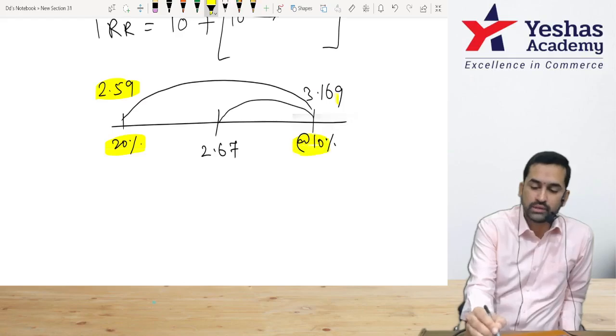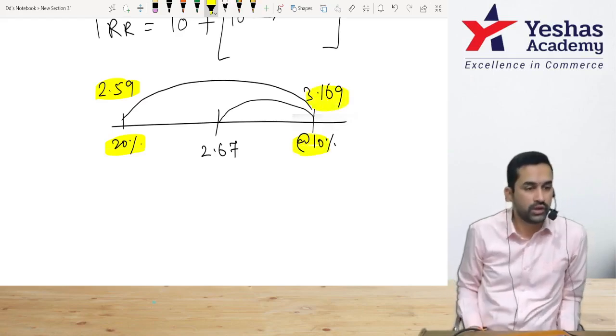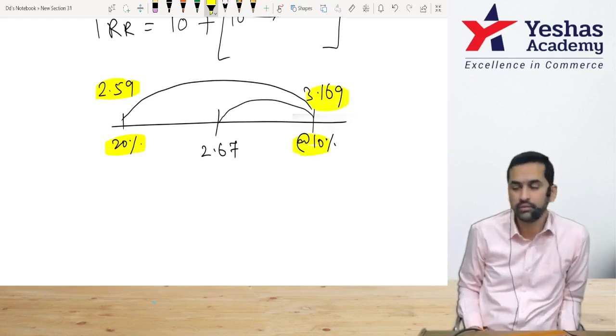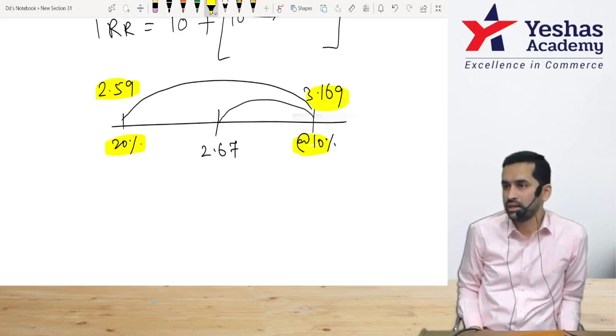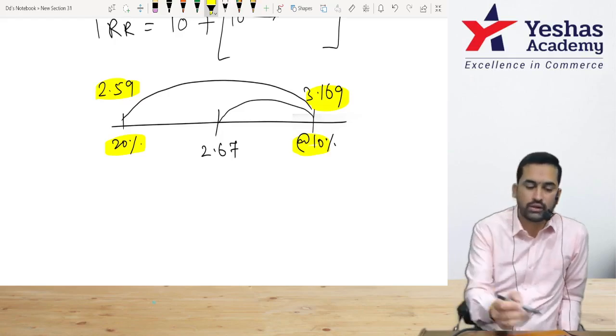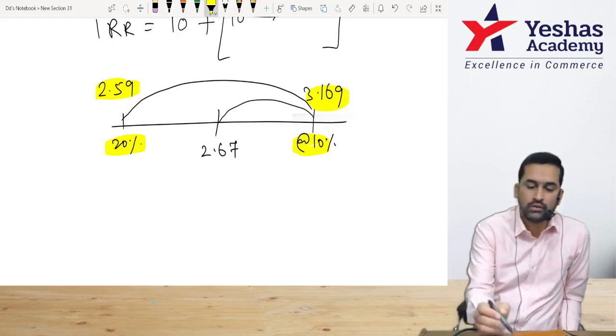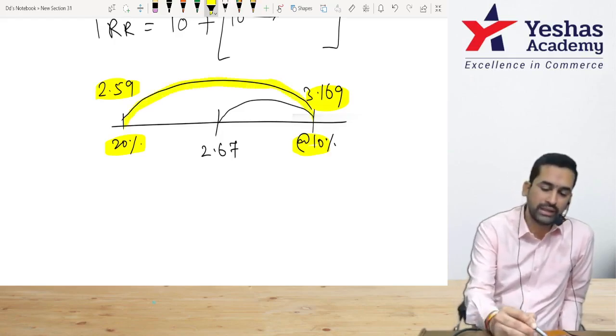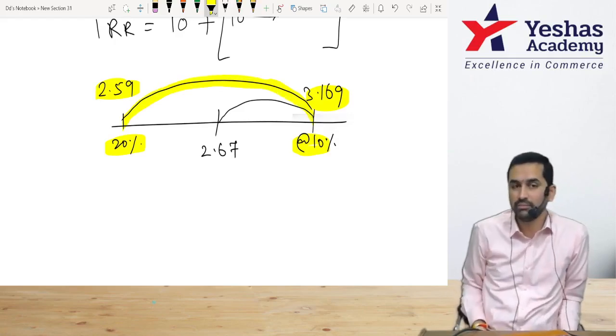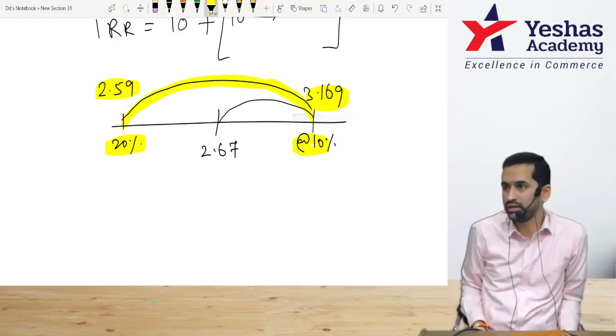When you are at 10%, you are here at 3.169 summation. When you tried 20, you went down to 2.59. So you went down by this distance. See what I'm highlighting, 3.169 minus 2.59.